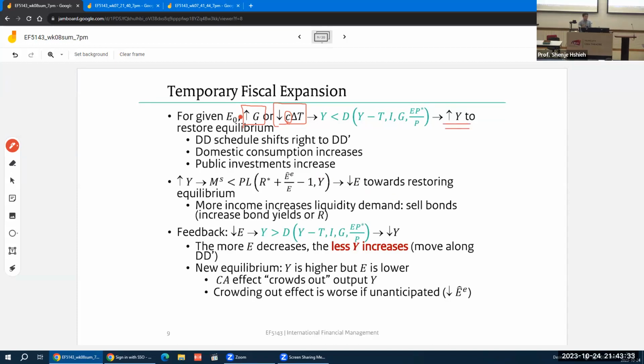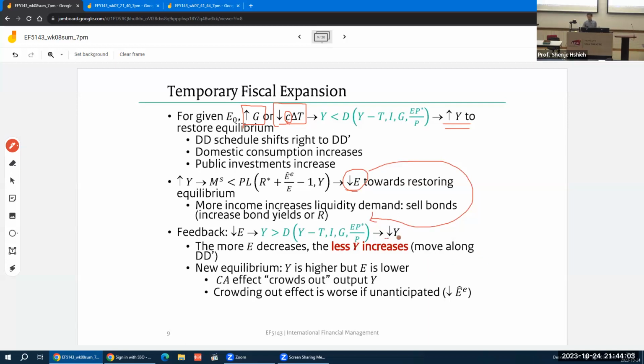So again, G and T are not on the axis, so the DD curve must shift. But the shift in the DD is going to cause a chain reaction in the other equation. So higher Y feeds back into the money market, distorts the equilibrium, and that forces E to decrease in response to the Y. And that's going to feed back into the aggregate demand equation again.